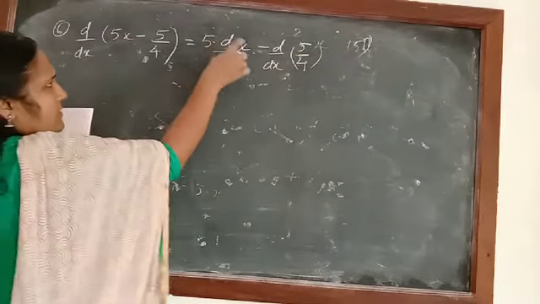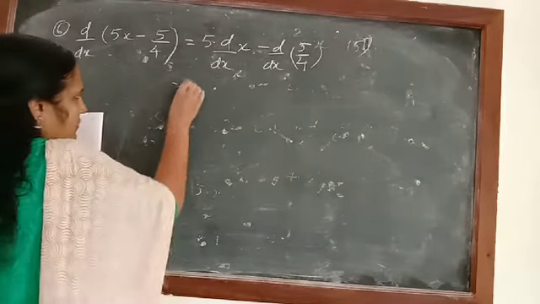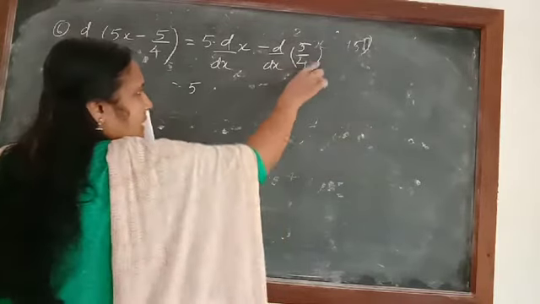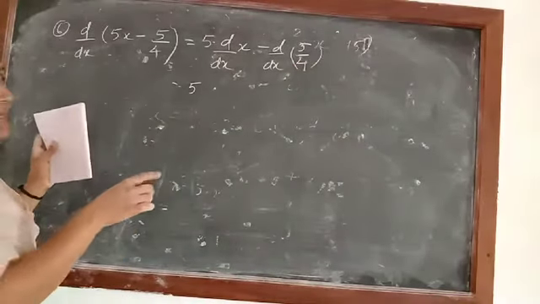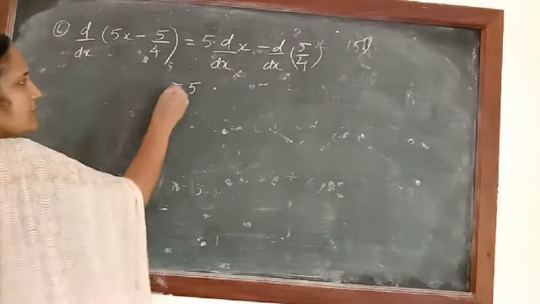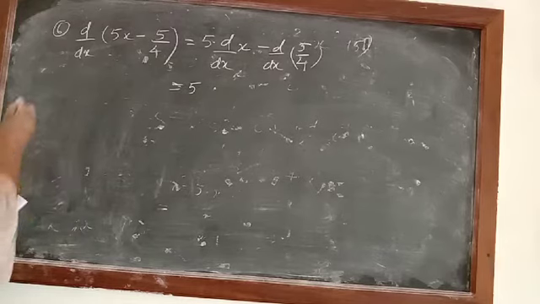What is d by dx of x? Just now I said that is equal to 1. So 5 into 1, 5. What is d by dx of 5 by 4? The x term is not there, which means that is a constant, and d by dx of a constant is 0. So our answer will be equal to 5. Okay, now the next question.